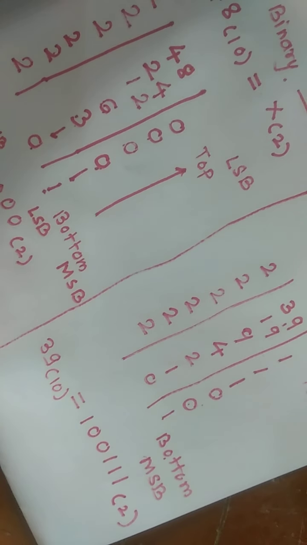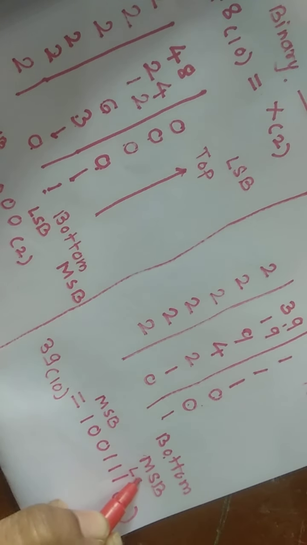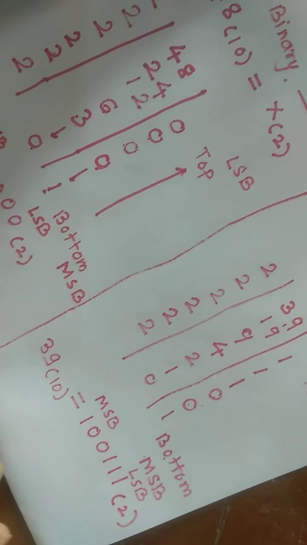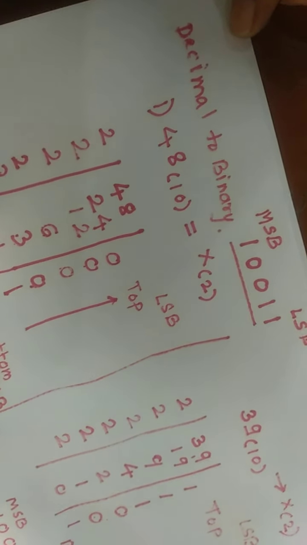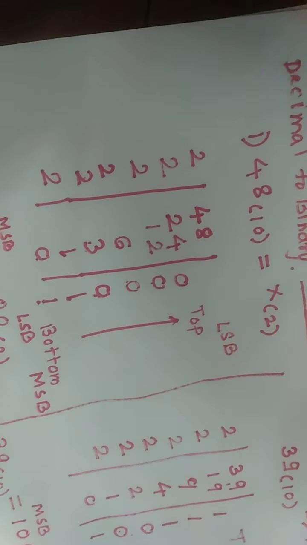Again, as I taught you, this will be the most significant bit and this will be the least significant bit. So this is the double dabble method of converting from decimal to binary. In this way we have converted decimal to binary using the double dabble method and we have mentioned the LSB and MSB. We'll stop now.